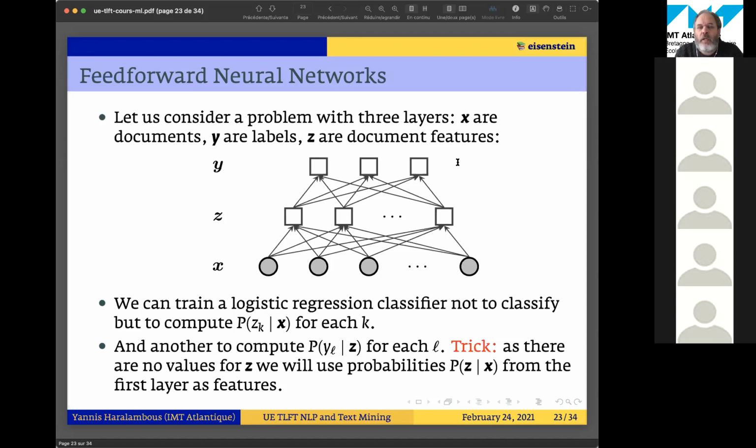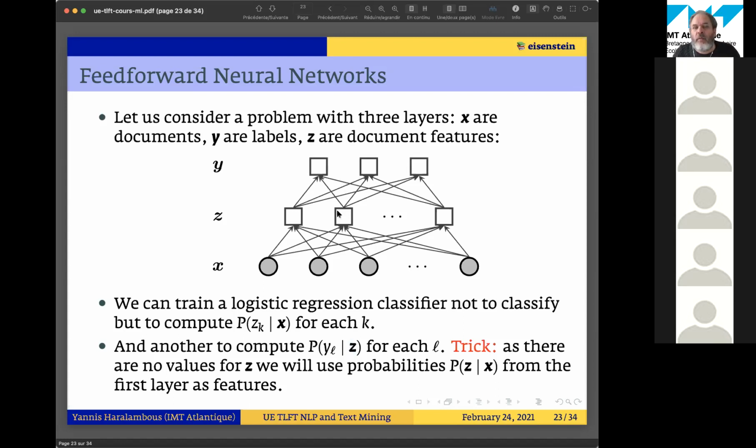We can say we can train logistic regression on these features, conditional to words, and then we can have a separate classifier, again logistic regression, to obtain classes of documents with respect to the features.